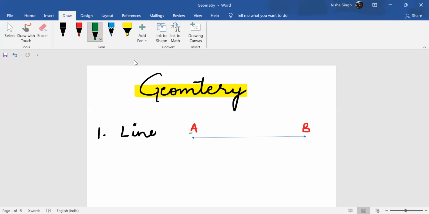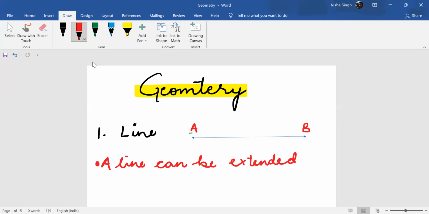So a line is, you have to write a few points in your notebook, that a line can be extended. Extended means not only from one side but from both sides it can extend, increase, extended to any length.